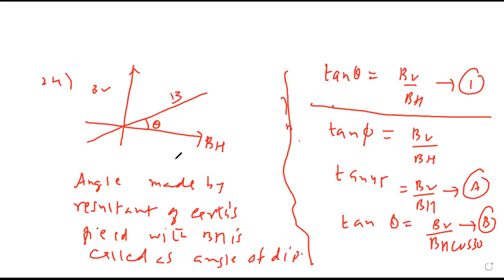If the needle is suspended not in north-south direction, the magnetic meridian is north-south, but making 30 degree, that means in the direction of BH, it will be BH cos theta. See, this is suppose magnetic meridian, but they are telling it is making 30 degree with the meridian. So along the meridian, what component you will take? If this is BH, BH cos theta. Right?